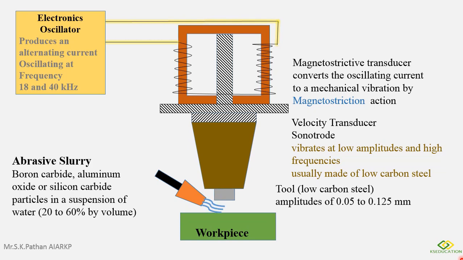When we touch this sonotrode to the workpiece, the abrasive slurry is supplied, and because of the vibration of the sonotrode and the abrasive slurry, both actions together, we get our desirable machining. So in this way this machine works.